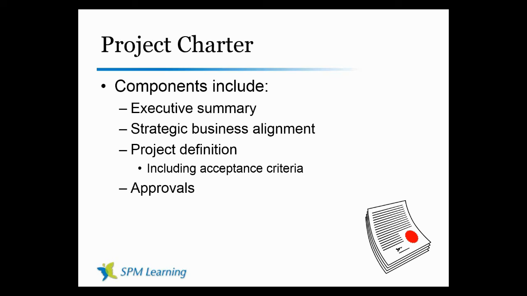Now, project definition. This includes your acceptance criteria, and I want to spend a little bit of time on this. In project definition, you're basically identifying what is the product or the thing that you're going to be delivering. So anytime you're looking at defining a deliverable, you want to define the acceptance criteria.